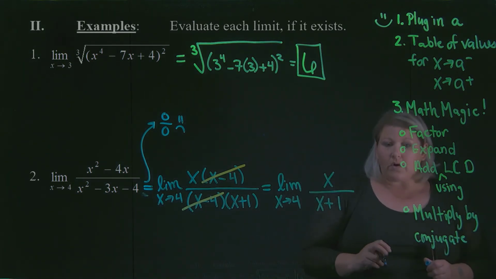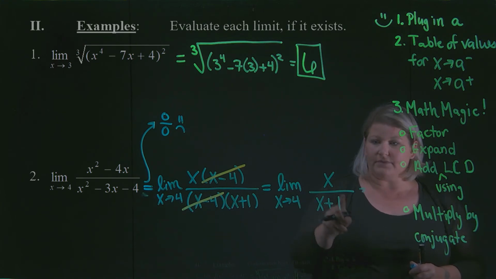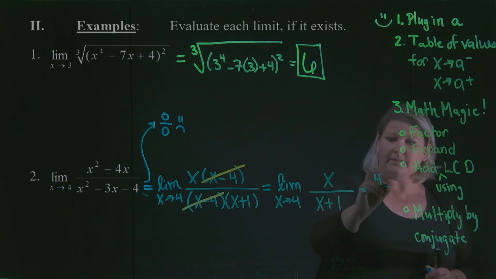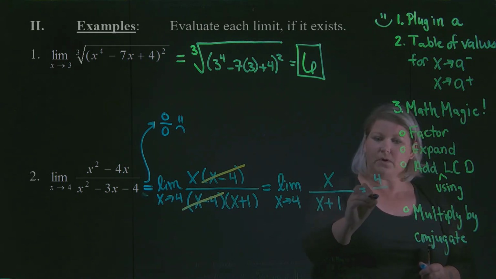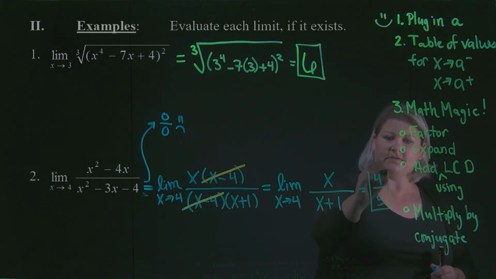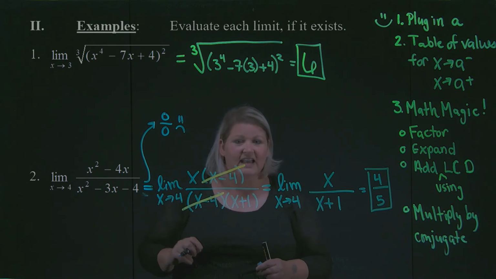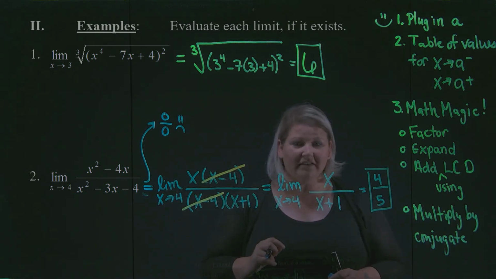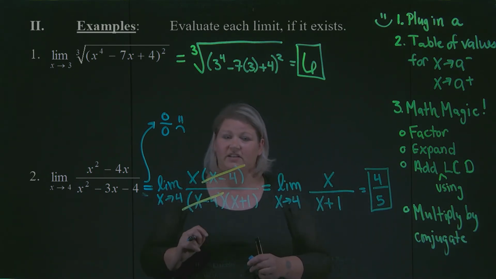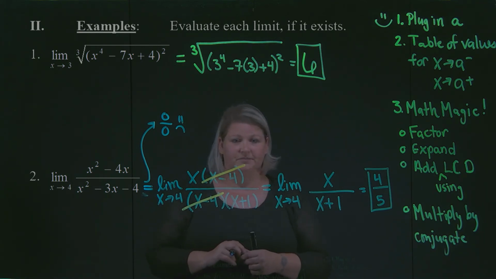So now I'm going to plug in the 4 again. So I'm going to have 4 in the numerator, and in the denominator, 4 plus 1, which gives me 5. And so the limit as x approaches 4 for this function is going to give me 4/5.